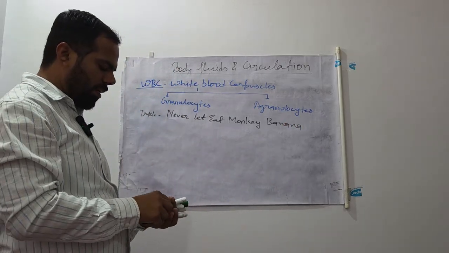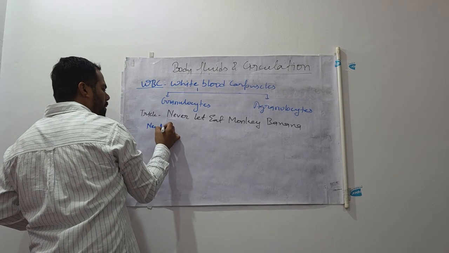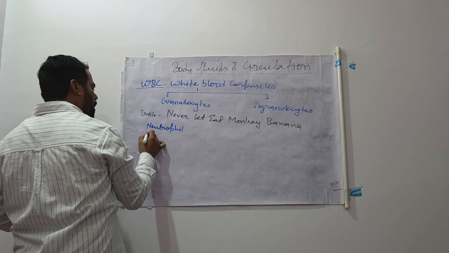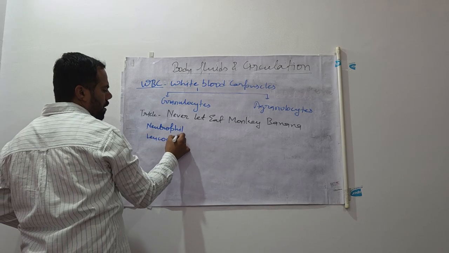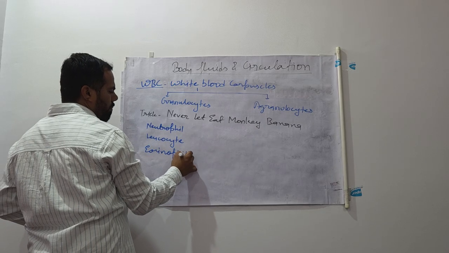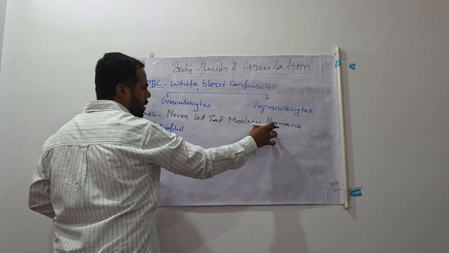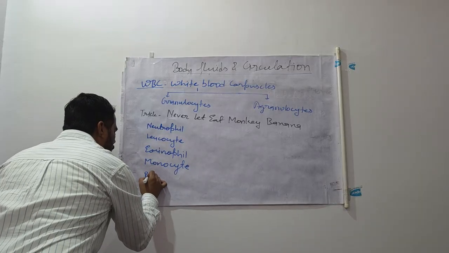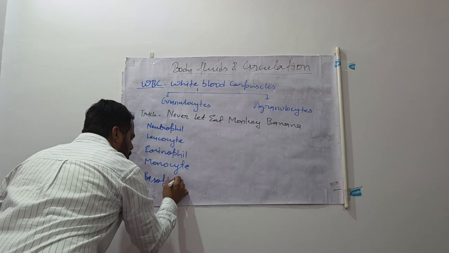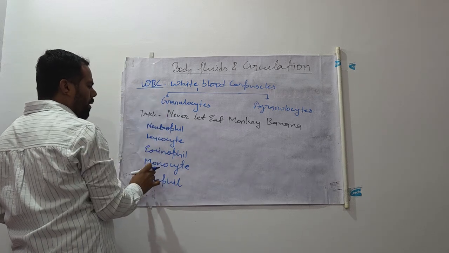So N for neutrophil, L for leukocyte, E for eosinophil, M for monocyte, B for banana, B for basophil. So in this way, you will learn about the different types of WBC.